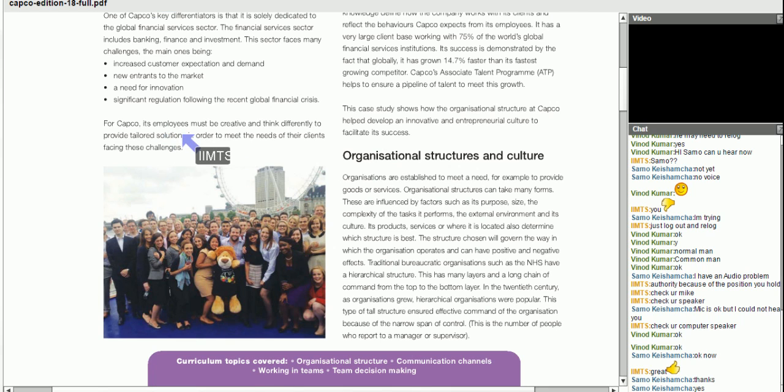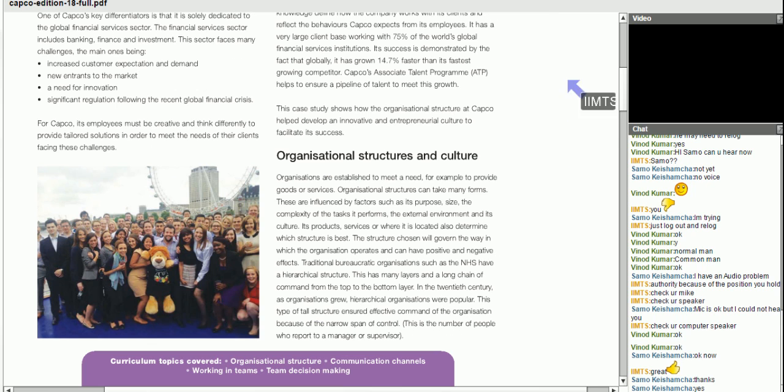So, for that purpose, its employees must be very creative, and they should think differently to provide tailored solutions in order to meet the needs of their clients facing the challenges. If they just think in a traditional manner, they won't be able to provide solutions to their clients. So now let us see what is the solution they have for this.